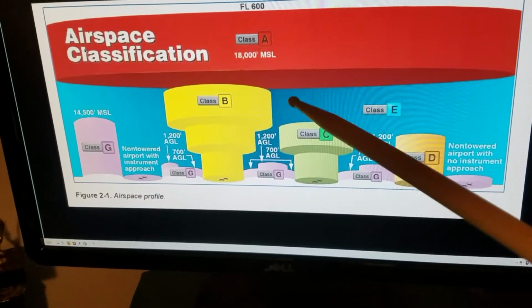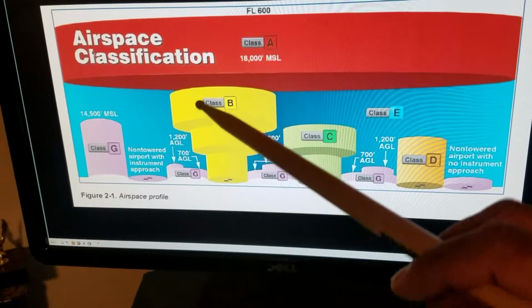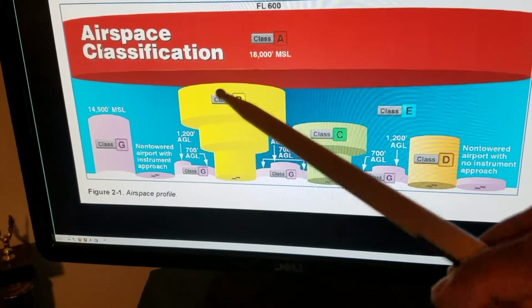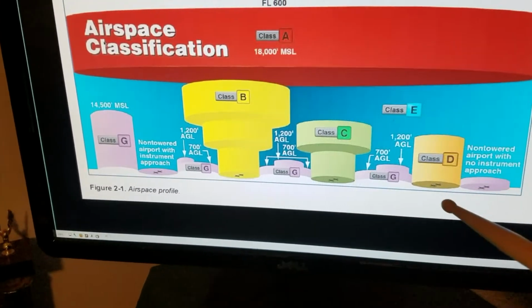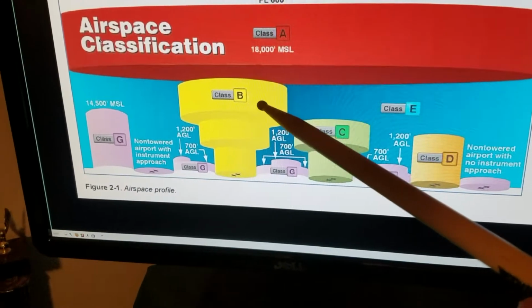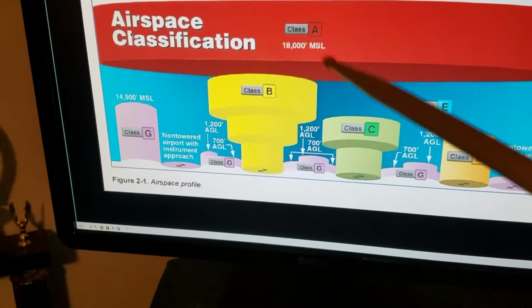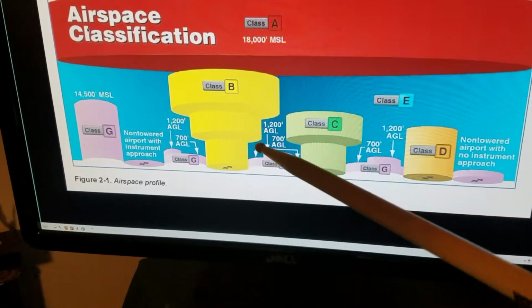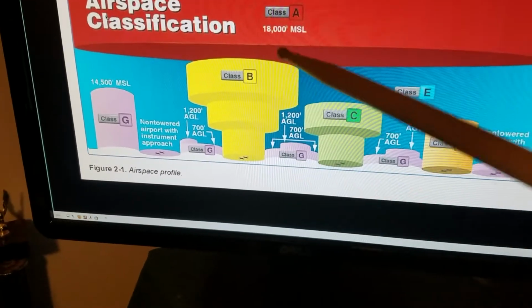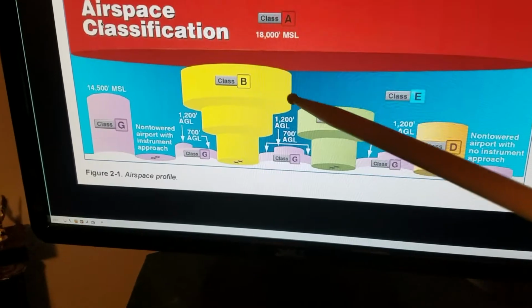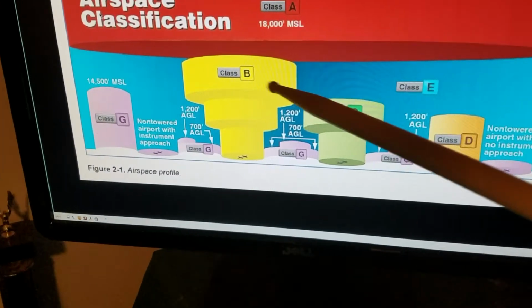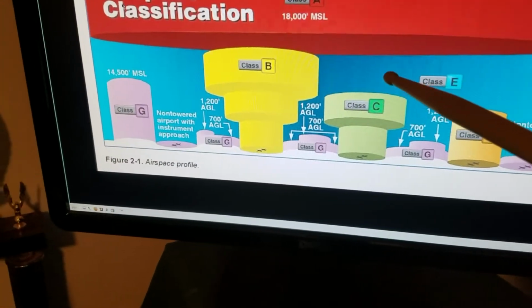You got the different classified airports. Let's say class B airspace is for very busy airports like JFK or LAX. So it's very busy airports, you have the class B classification. In fact, I should have started with class A classification.